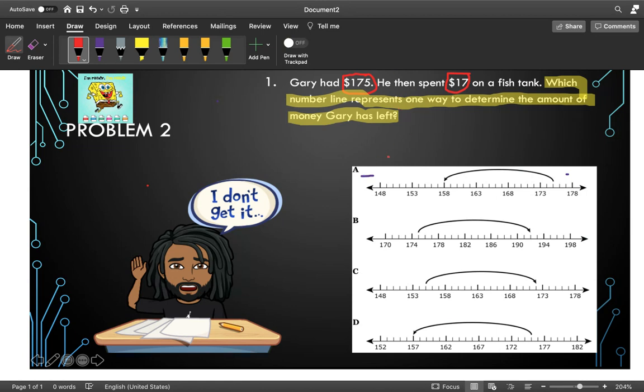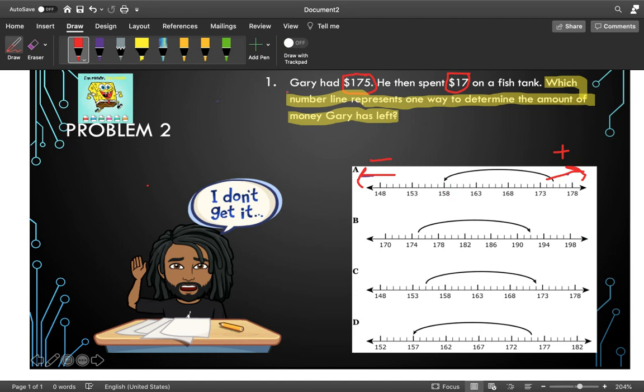One quick tip about dealing with a number line: the further you go to the left, your number will decrease, and the further you go to the right, your number will increase. That's very important to know. And also, the arrow will represent our endpoint. It's going to tell us the endpoint Gary would have, like how much money he will have left. So that's what the arrow is representing, the endpoint.